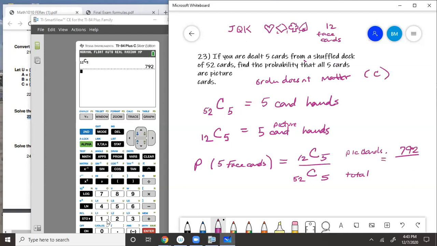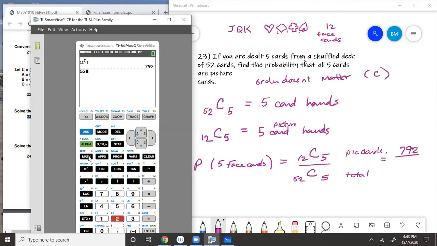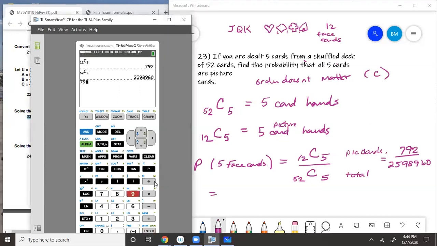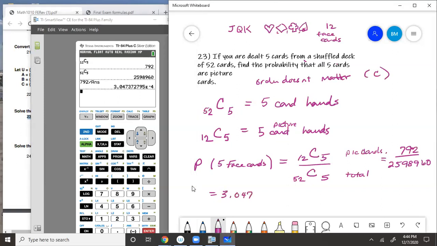Let's get the denominator. We have 52 cards. Press math, prob 3, 5, enter, and we get this huge number, 2,598,960. And so the probability is 792 divided by that answer, which is a pretty low number, 3.047 times 10 to the negative 4.